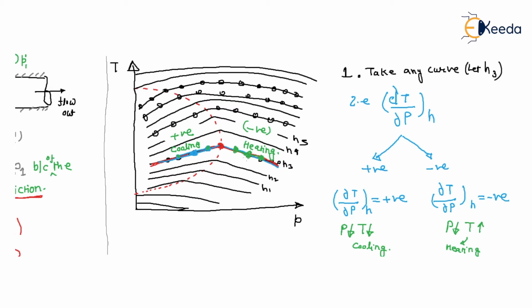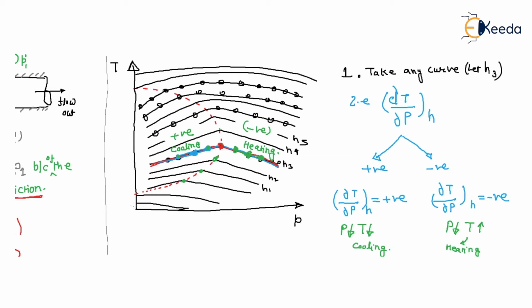So as we increase the temperature, the maximum point of the curve shifts to the right.